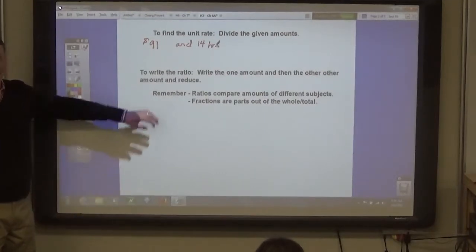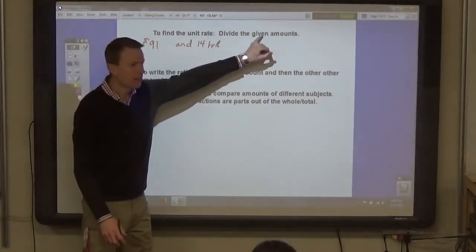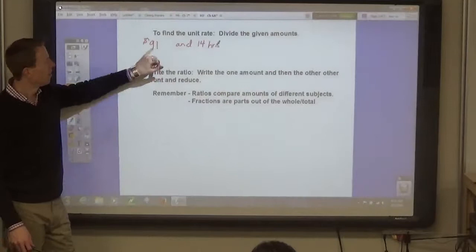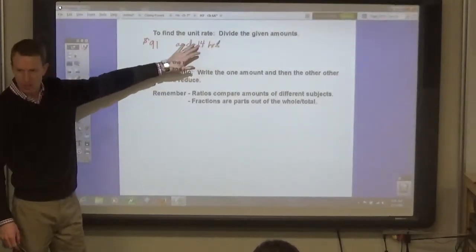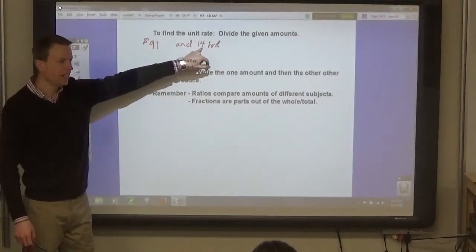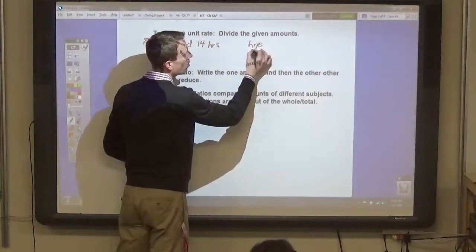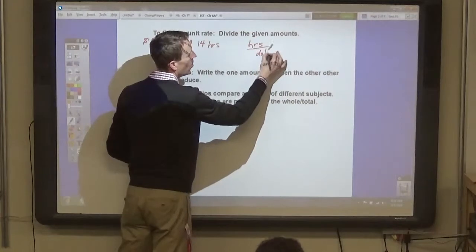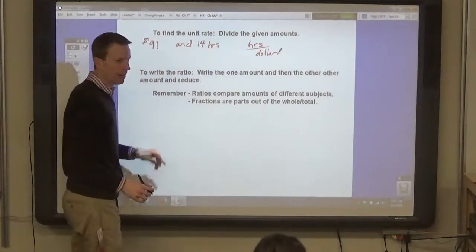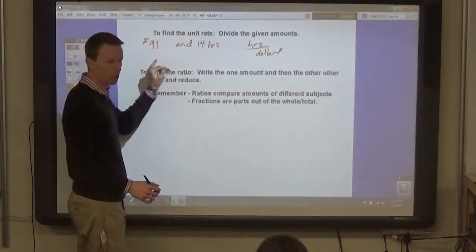Now, if you're going to divide the given amounts to find some information, should you divide 14 hours? Are you trying to find hours per dollar? Or would it make sense to find dollars per hour?